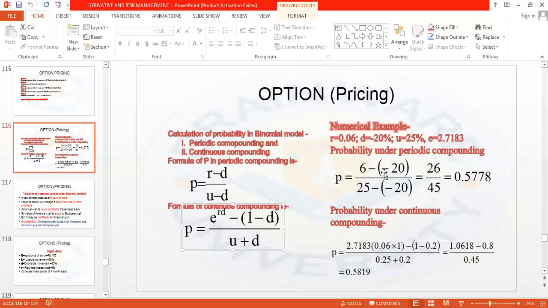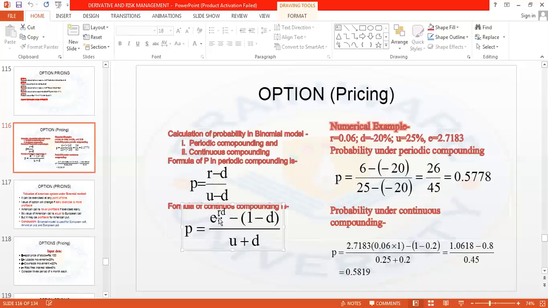So on the basis of that, let us see how we are doing the calculation. Actually, the formula is okay. e to the power RT will be 1 point something, where 1 is the principal amount. So 1 is deducted here.